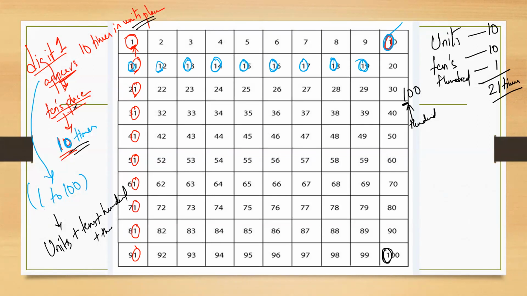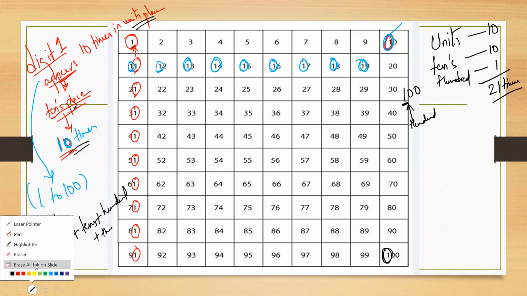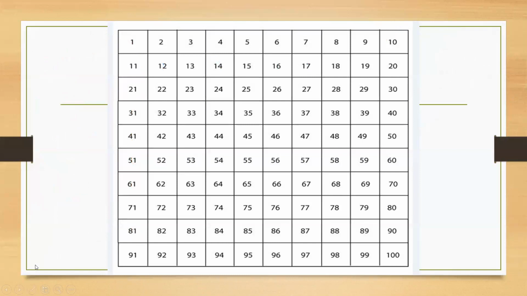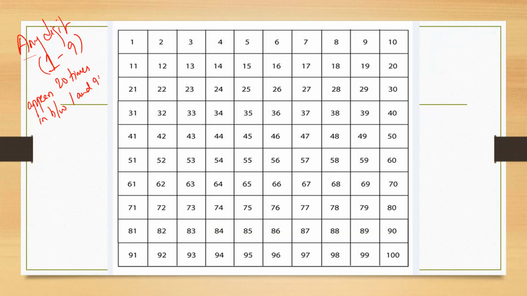So now let me just generalize it so that it becomes easier for you to remember. The generalization is: any digit, from digits 1 to 9, appears 20 times between 1 and 99.